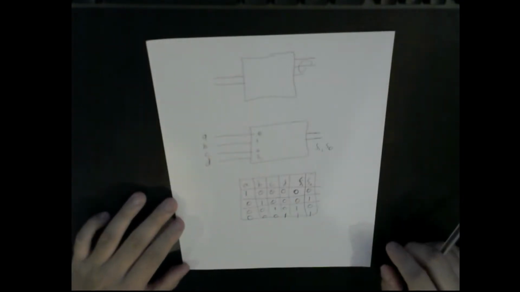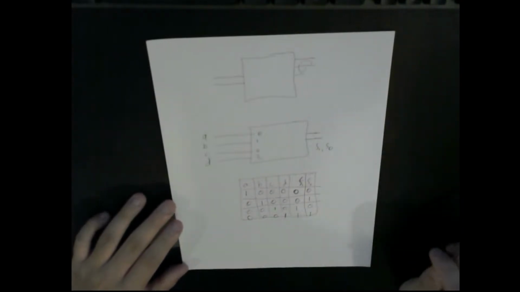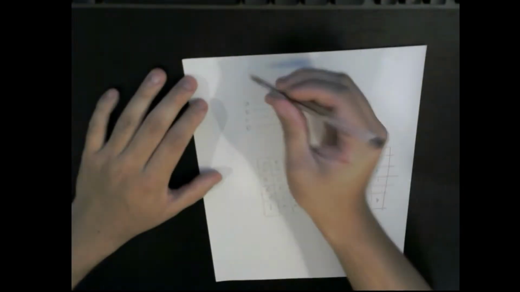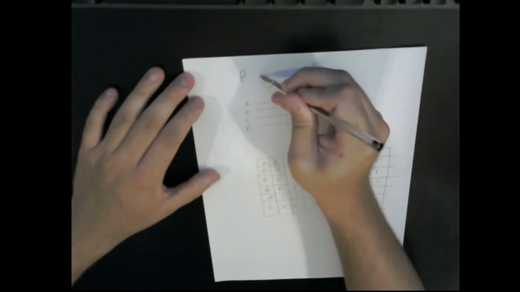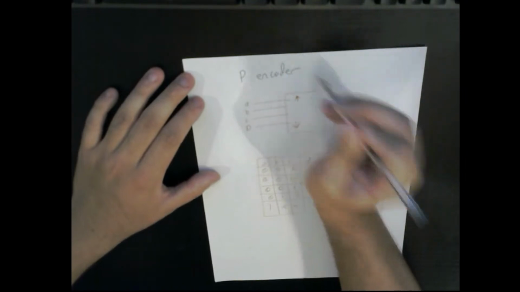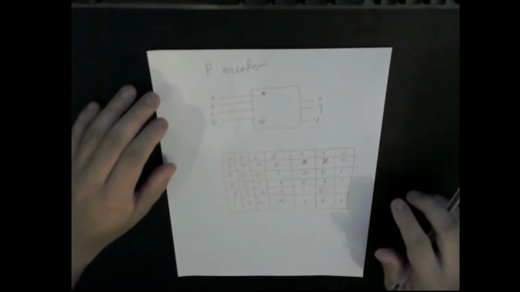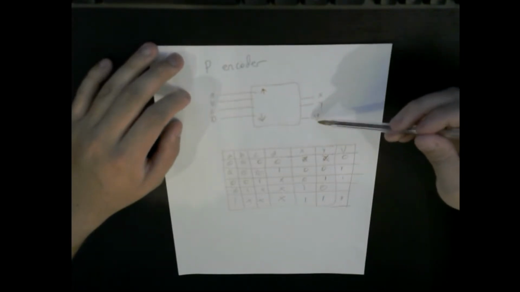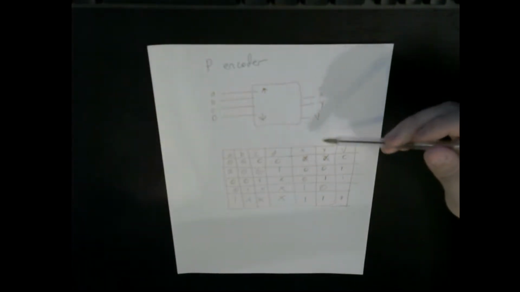So this is all fine, but what happens when A and B are both set? What's going to happen? Well, this encoder doesn't really like that. So what we can do is make this the priority encoder. We have the same type of thing, and we have this valid bit right here that tells us whenever the output's valid.